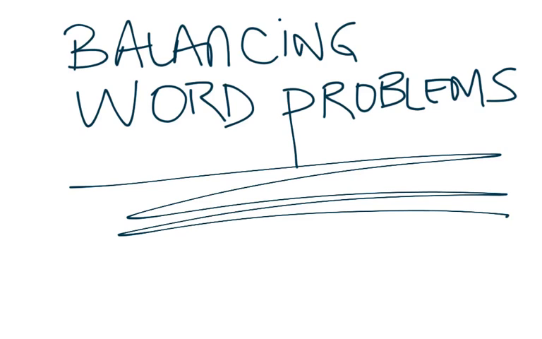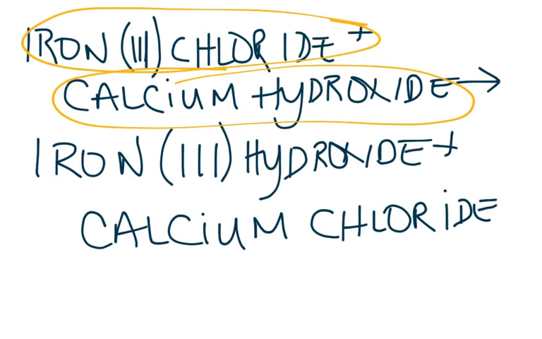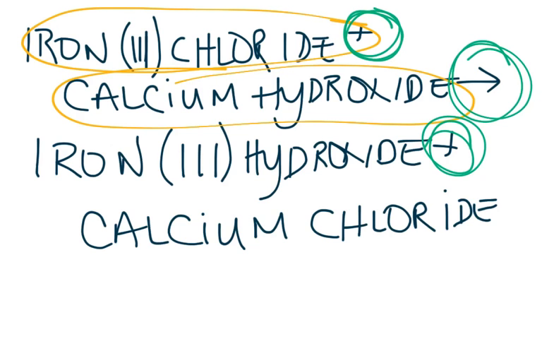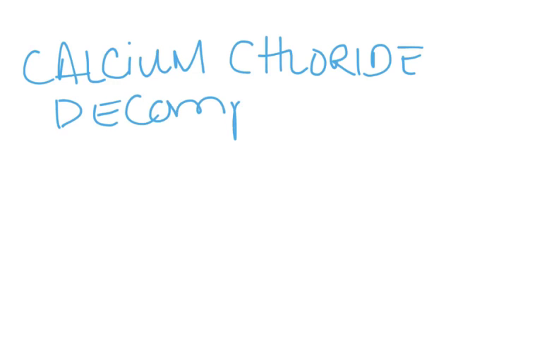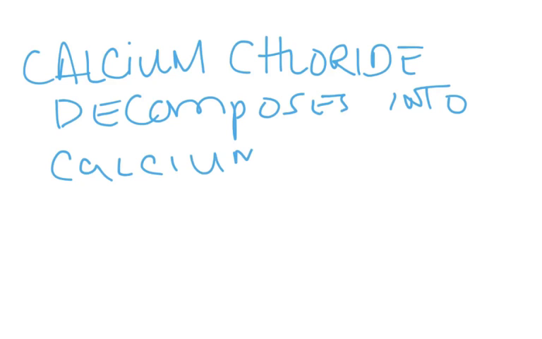In the first one I gave you, I actually wrote iron 3 chloride plus, yields, plus, but they don't always do that. Sometimes it will say, and I'm going to keep this one brief, calcium chloride decomposes into calcium and chlorine.